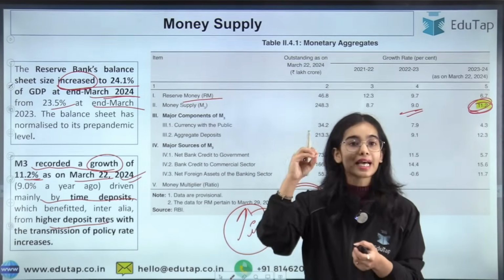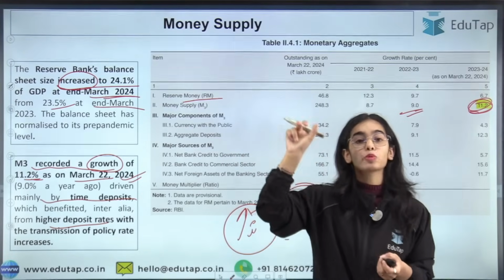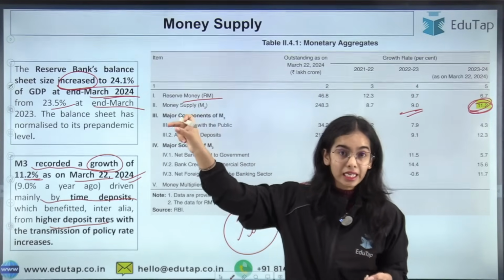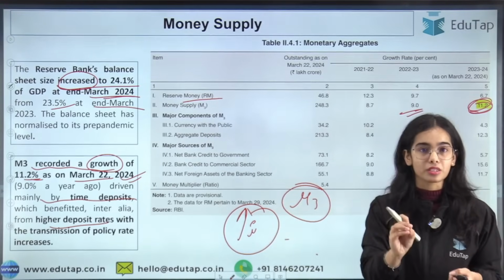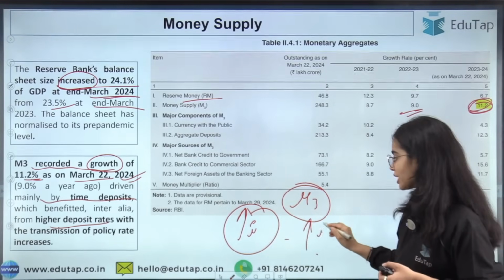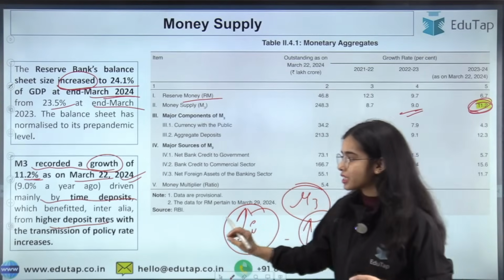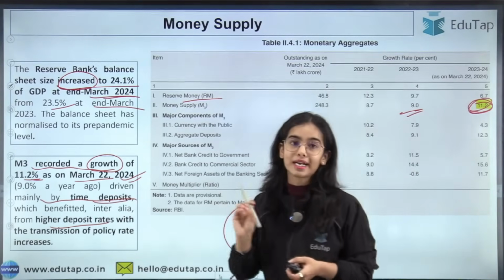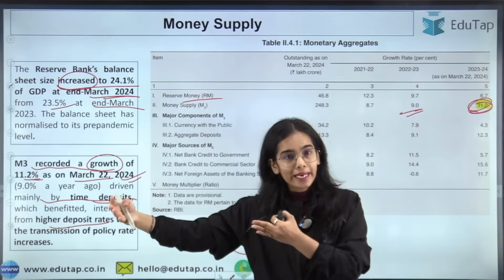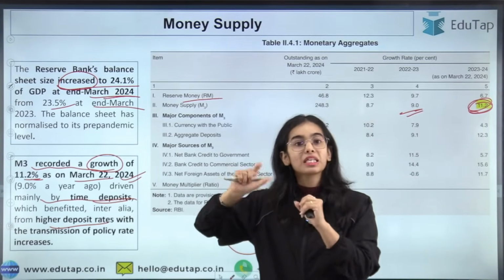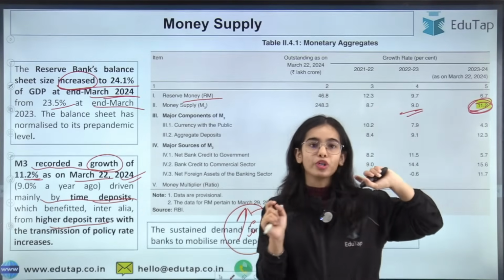So the repo rate is at a high percentage. When the repo rate and the lending rates are at a high percentage, the deposit rates are also at a high percentage. Because of the high interest rates in the deposits, there are higher deposits, and that money is being used by the banks to further lend and to further create money. So the money supply has increased by 11.2%.